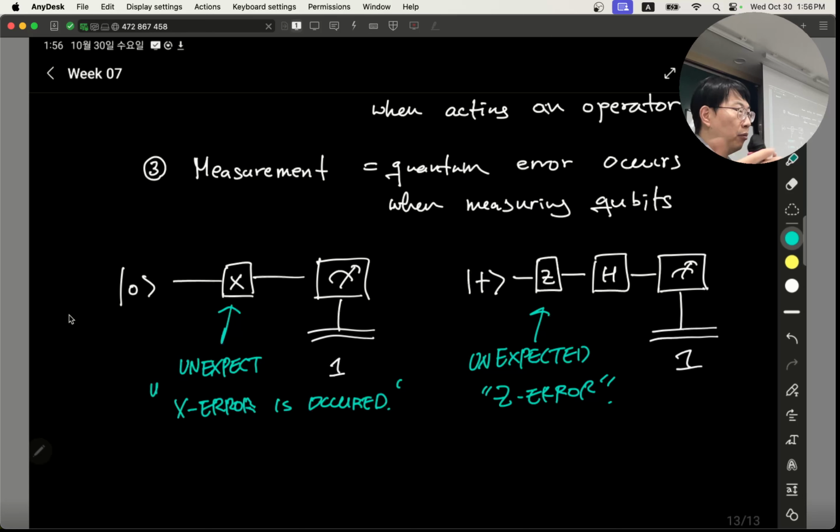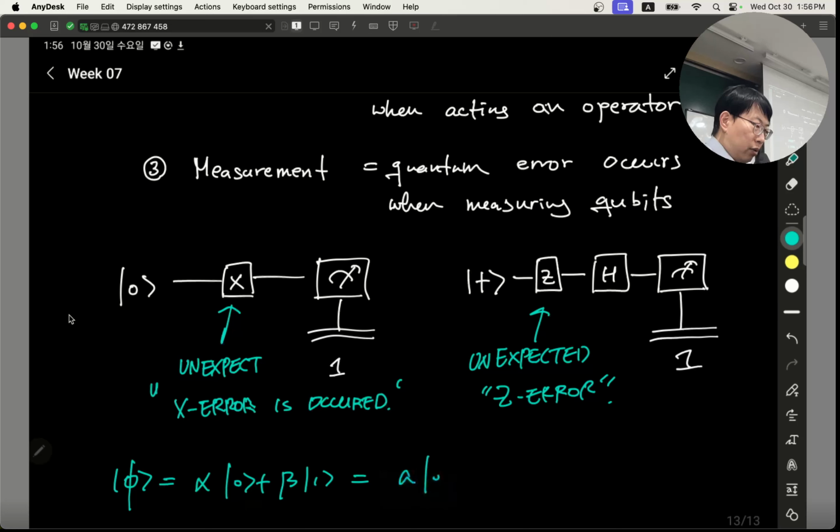in principle, what is a one-qubit quantum state? It's alpha times ket 0 plus beta times ket 1, and after normalization, you have a|0> plus b e^{i theta}|1>, where a squared plus b squared equals 1.